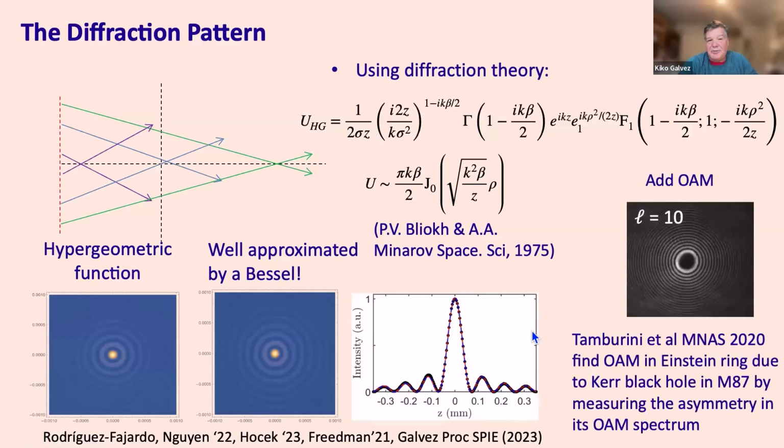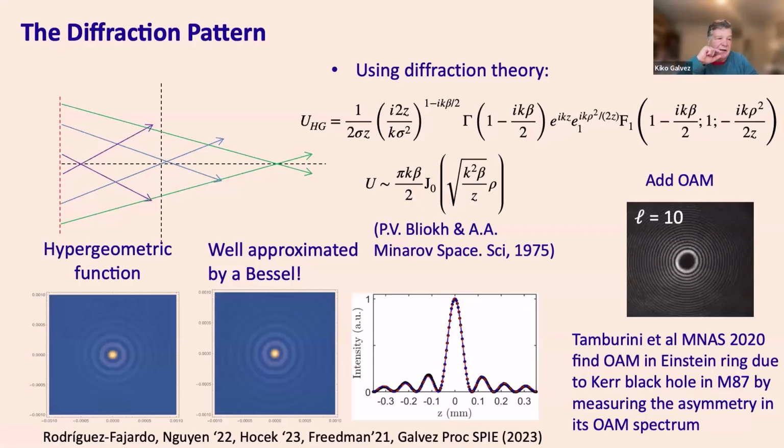Of course, we work with complex light, so we can easily put in an optical vortex, and in fact, this has been measured not by imaging, but by looking at the OAM spectrum of the light lensed by a black hole in M87.